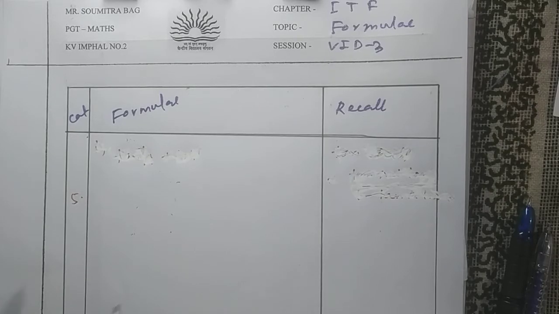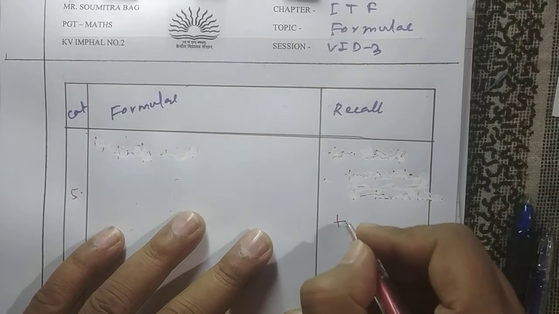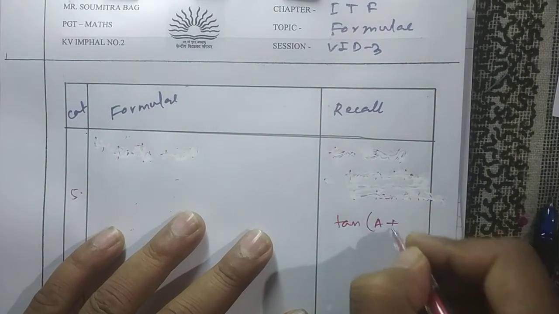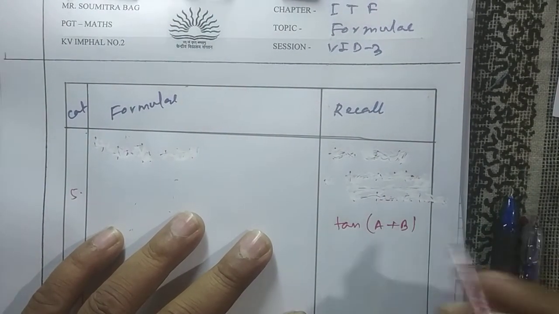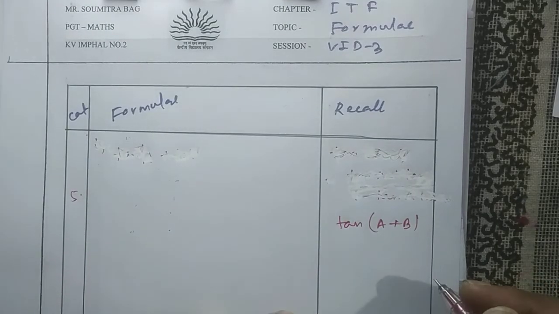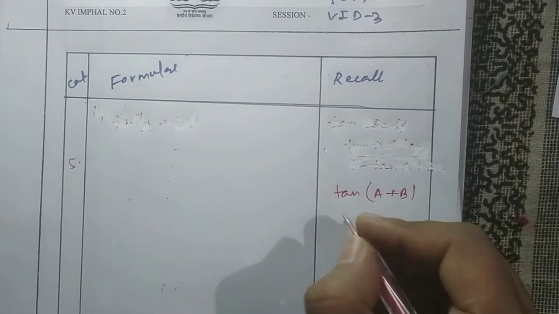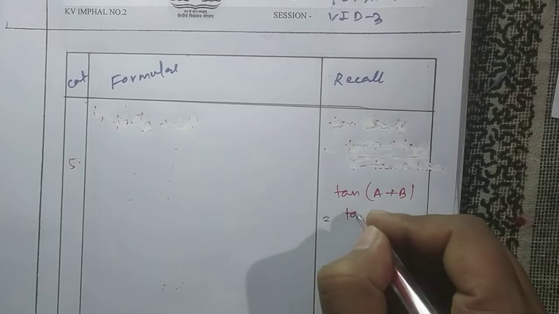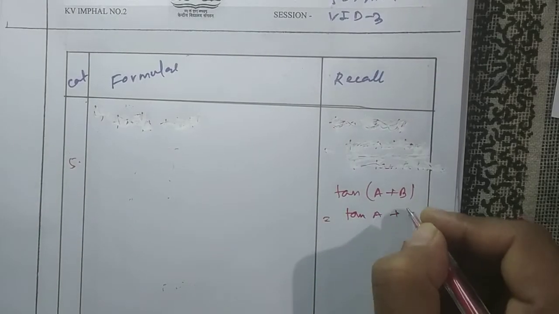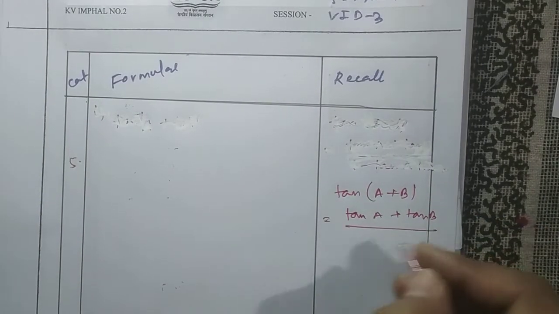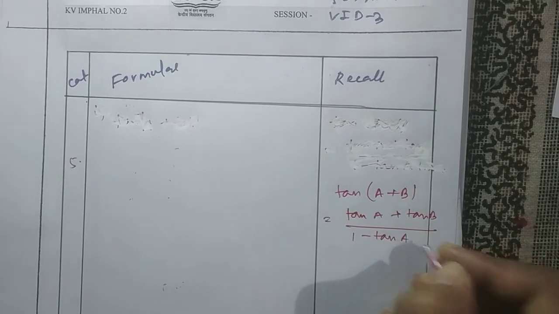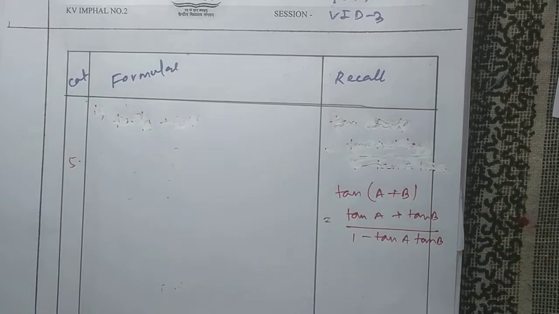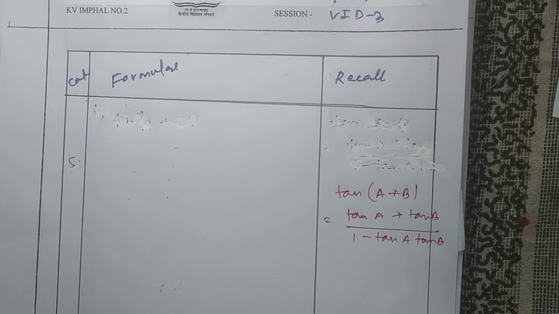In class 11, we learned the formula of tan of a plus b. Correct? Now try to remember what it was. It was tan a plus tan b by 1 minus tan a tan b. Right?